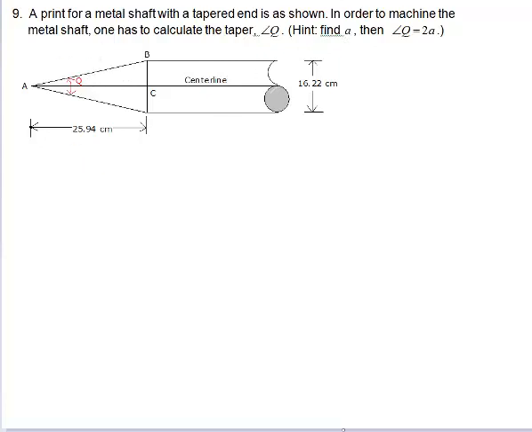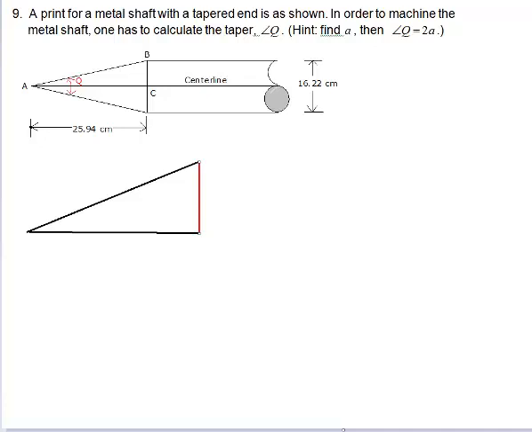So the first thing I'm going to do is move that triangle ABC. I'm going to sketch that out here a little bit bigger. So I'll enlarge that triangle ABC.